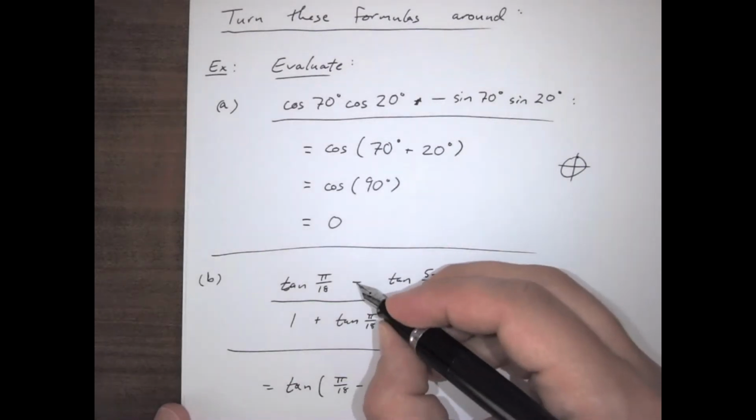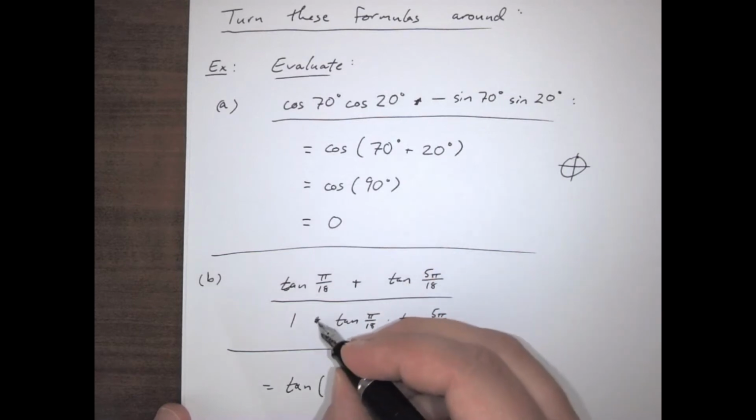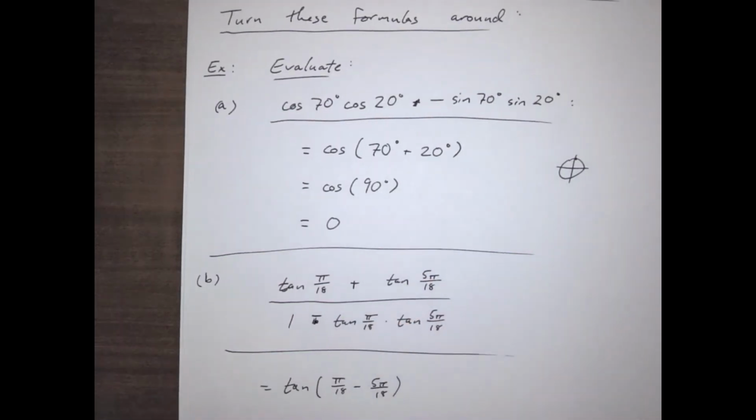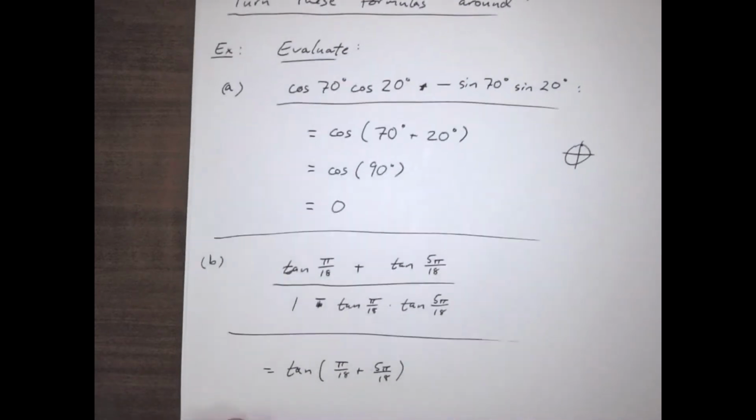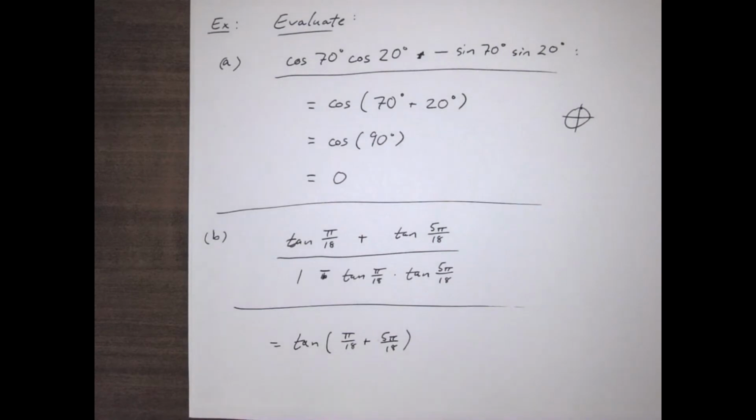Oh, sorry. This was actually a mistake, a typo. I misread my own example here from my other notes. So this is supposed to be plus and minus, so that it matches the pattern of the tangent addition formula. In a lot of these, you can go either way, and it works out.